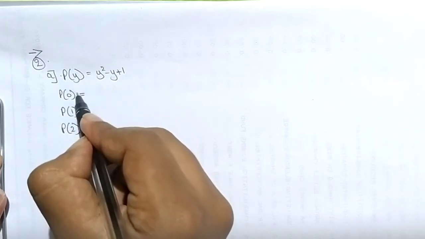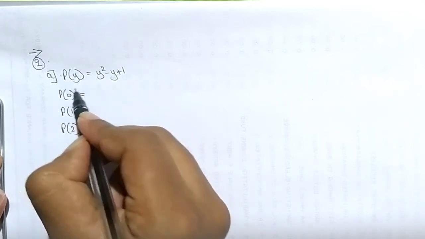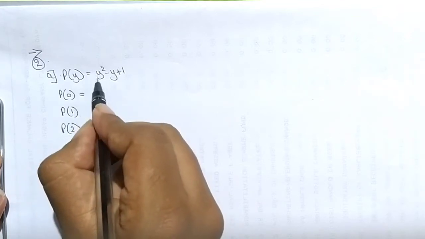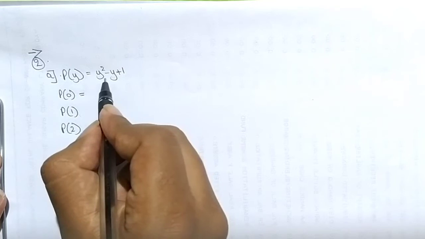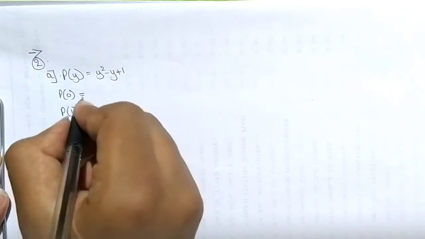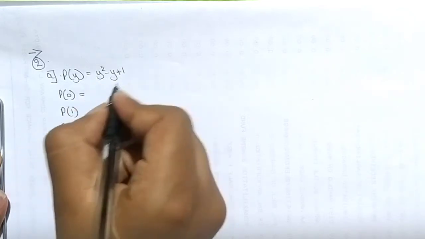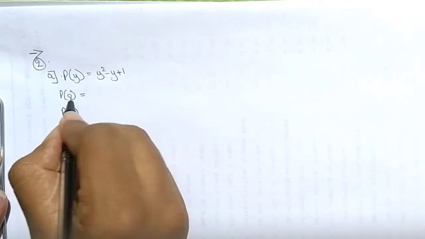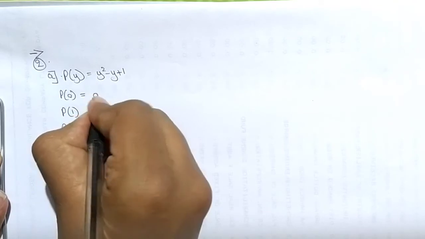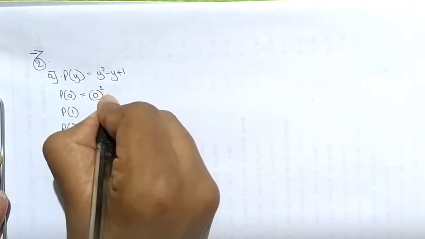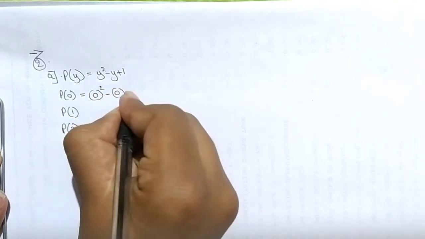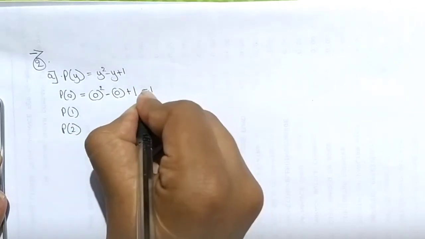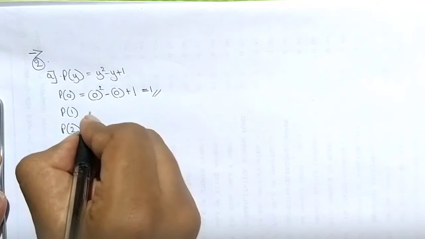In the place of y, they have given us 0. You need to substitute 0 in the place of y here. In the first case, 0 square minus 0 plus 1, that is nothing but 1.